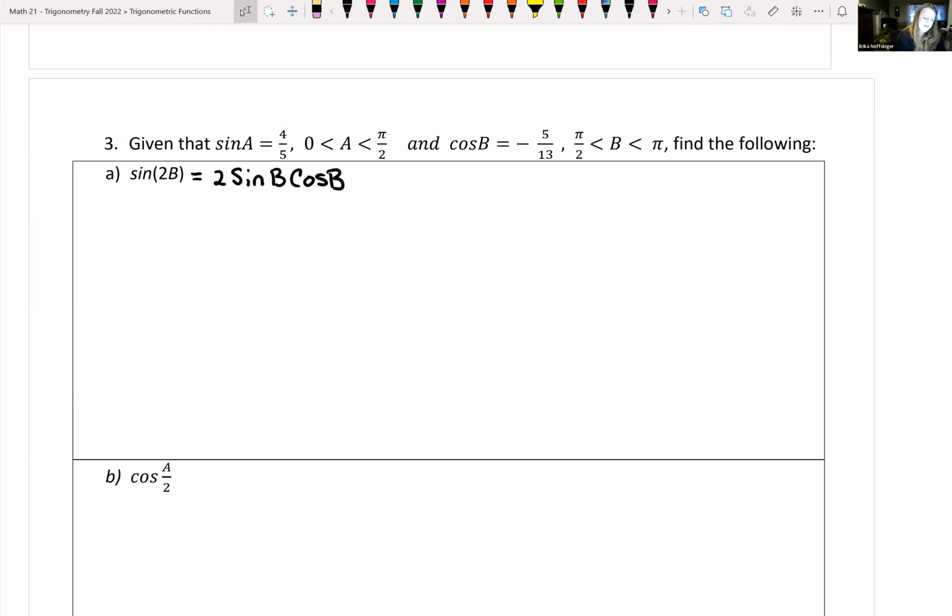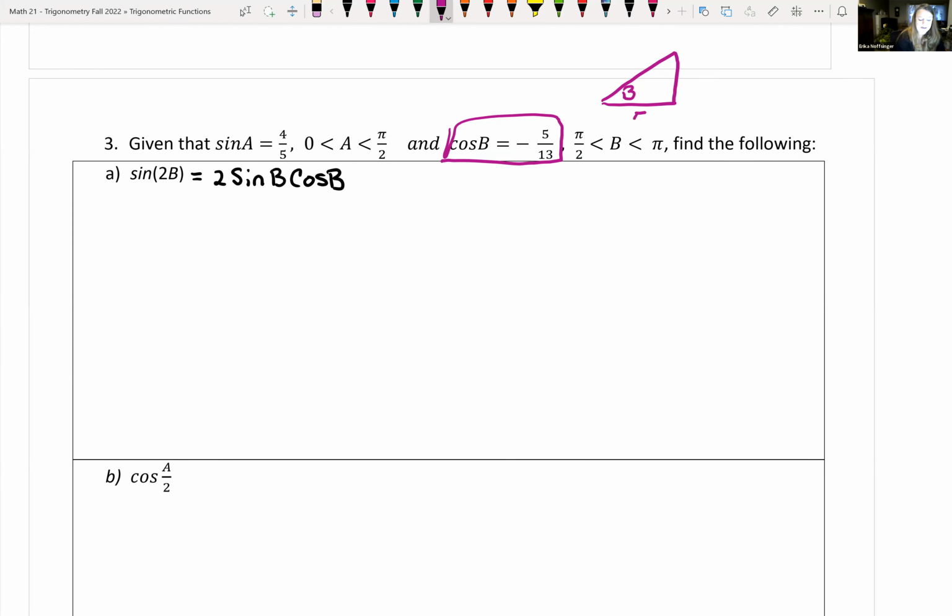So looking at this, I know that cosine of B is equal to -5/13. So creating a triangle, I'm going to ignore the sign and just remember that my B is in quadrant 2. So looking at this, I have cosine equals 5/13. I know that's adjacent over hypotenuse for cosine.